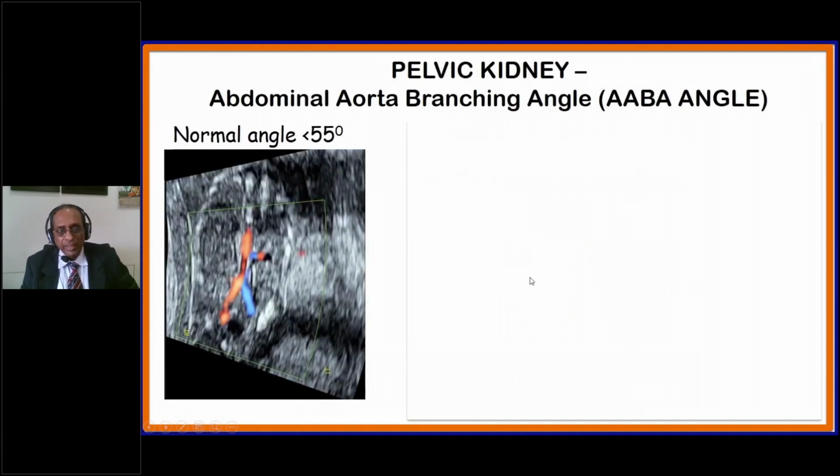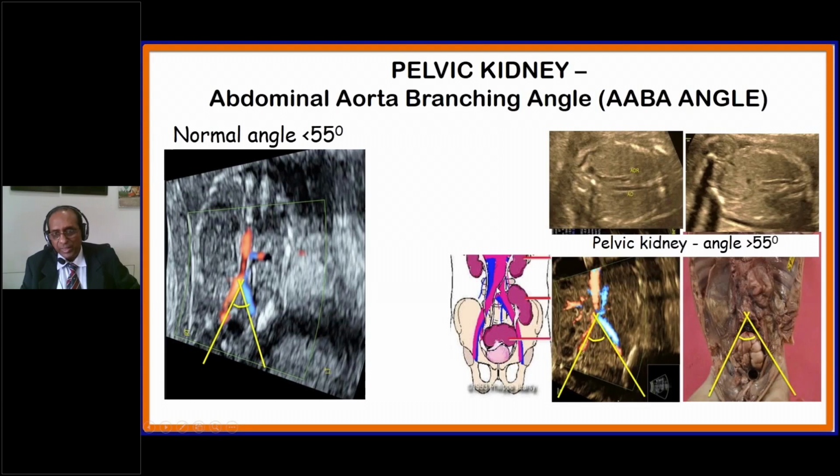Now let's look at pelvic kidney. To identify a pelvic kidney, when one kidney is not seen in the right iliac fossa, we make a thorough search elsewhere. And here we can see a color Doppler showing an abdominal aorta which is branching. This angle, which is called the abdominal aorta branching angle, is usually less than 55 degrees.